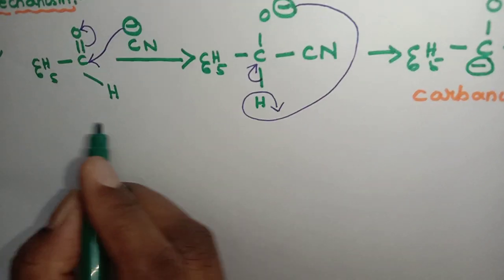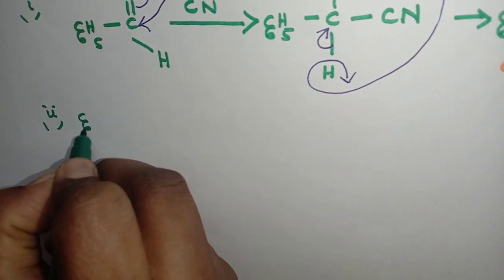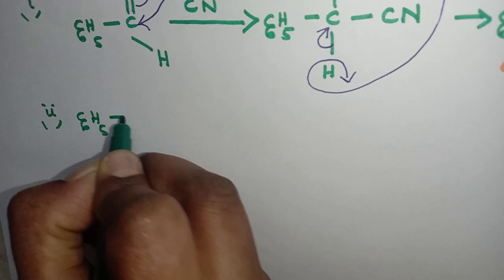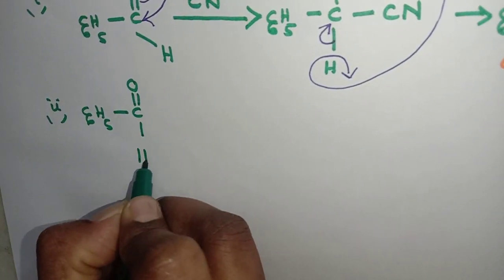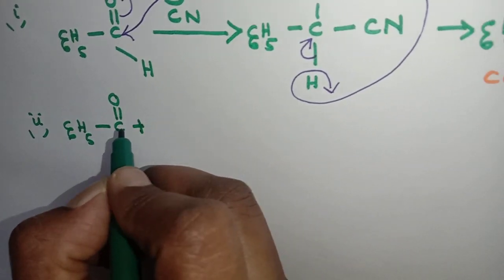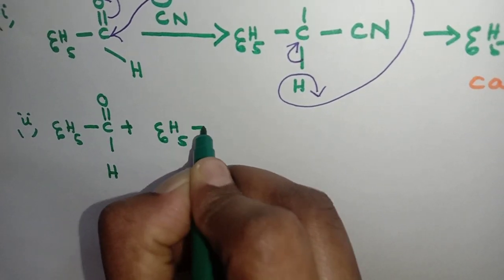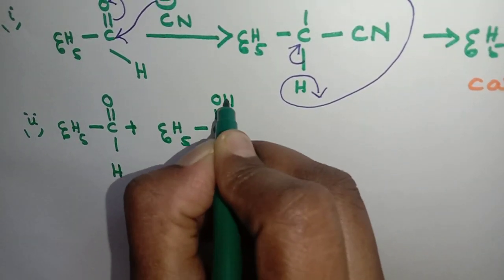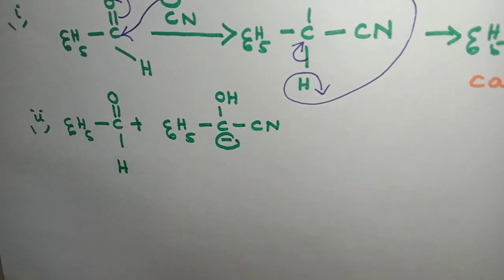Okay. Next, coming to the second step. Second molecule of benzaldehyde C6H5 C double bond O H plus the carbanion formed in the first step. So write down here C6H5 C OH CN. Here is negative charge. Okay.